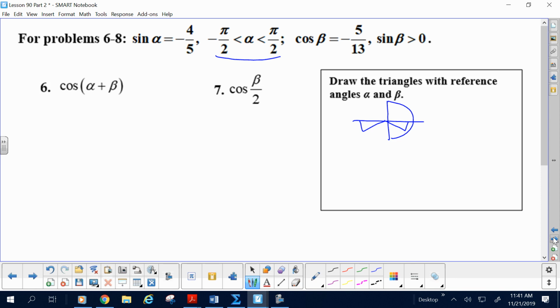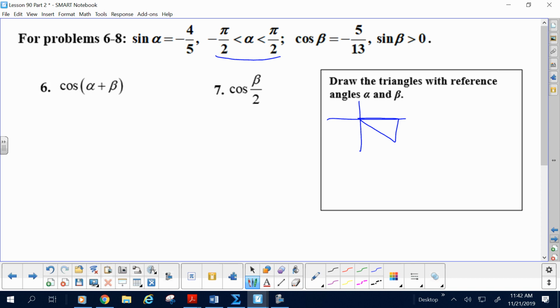Negative pi over 2 to pi over 2 must be, okay? For it to be negative and between negative pi over 2 to pi over 2, it's got to be the case that we have a fourth quadrant triangle. Please do that slowly. Everything over there will be a total waste of time if your picture is wrong. So, get the picture right.